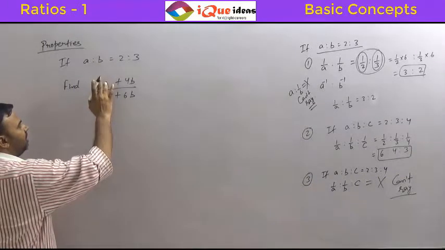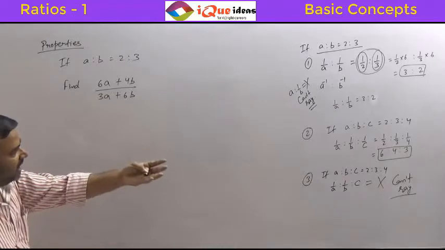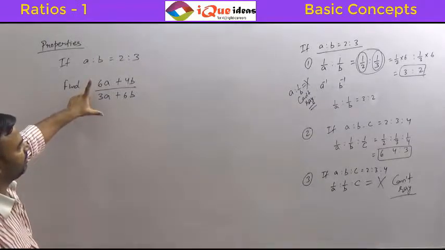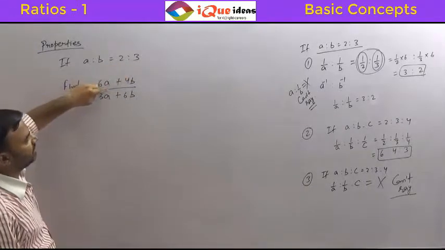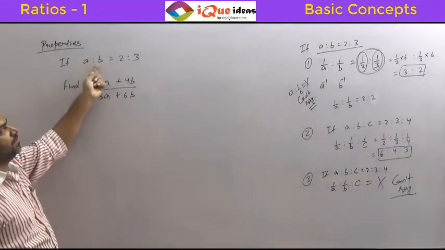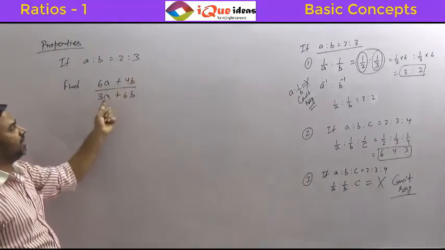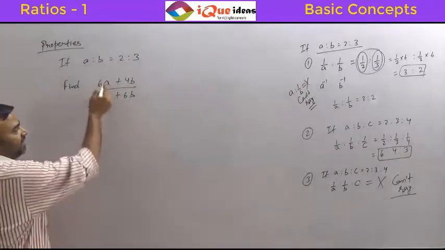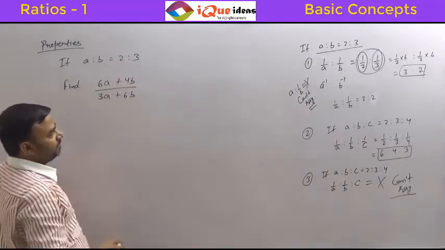Following the logic of power, yes, we can calculate. I've already explained, but here is the one-line thing you have to remember. If the power of each of these terms is the same, with respect to the variables or unknowns A and B, like here, power of A is 1, power of B is 1, power of A is 1, power of B is 1. So the power of each term is 1, hence we can calculate, right?